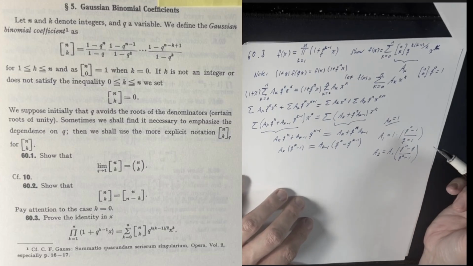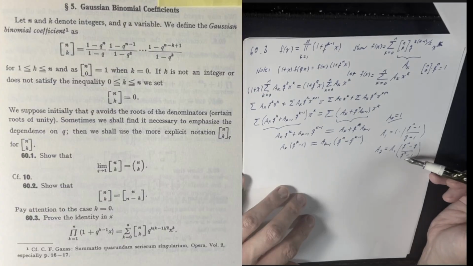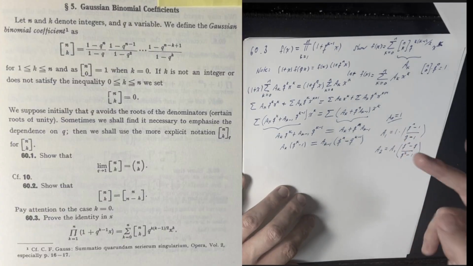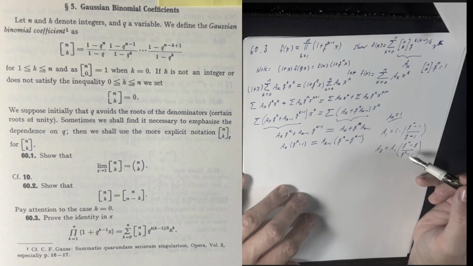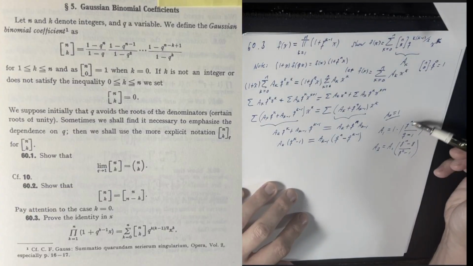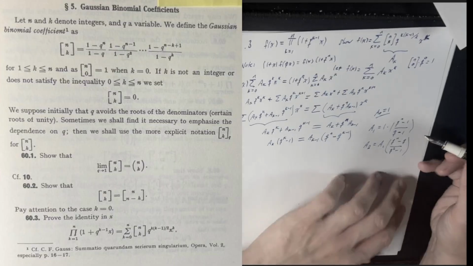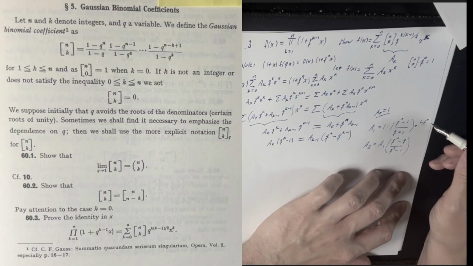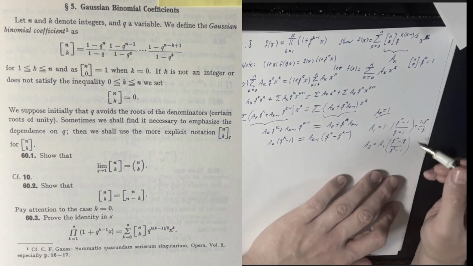Does it look backwards because we usually negate these? Anyway, we negate both. So you wouldn't usually write it this way. You can write it the other way around if you want: 1 minus q to the n, over 1 minus q. Same thing.